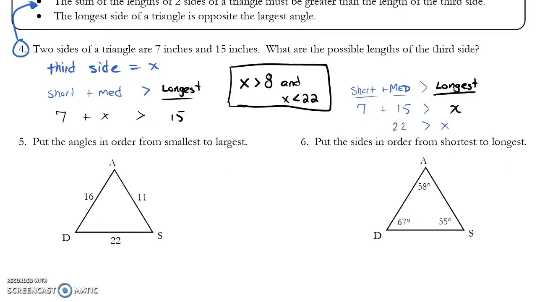The last part of the notes recognized that my biggest angle is opposite my longest side. This is my longest side, 22. Okay, that tells me that this is my longest side. That means this angle over here, A, that opens up to touch the endpoints, is my biggest angle.